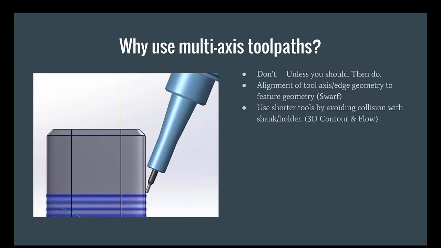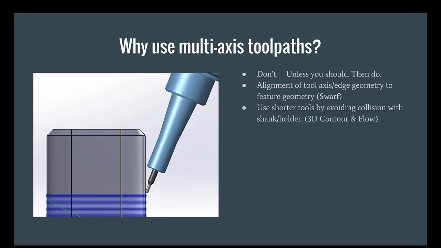Another big benefit is that you can often use shorter tools by avoiding collision with the shank or the holder. This is probably one of the largest usage cases, is that a lot of the time the tool that's required to do a job either doesn't fit or just requires a gigantic length to diameter ratio and makes machining with that tool slower and ineffective.